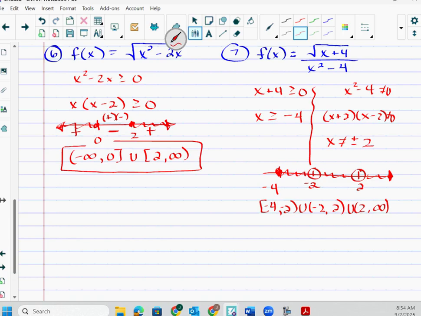It does, because if we look at just this piece, that would be negative 4 all the way to infinity, and then we just have to skip over these two values. Okay? I get this piece, but putting them together is the hard part. Yes, exactly.